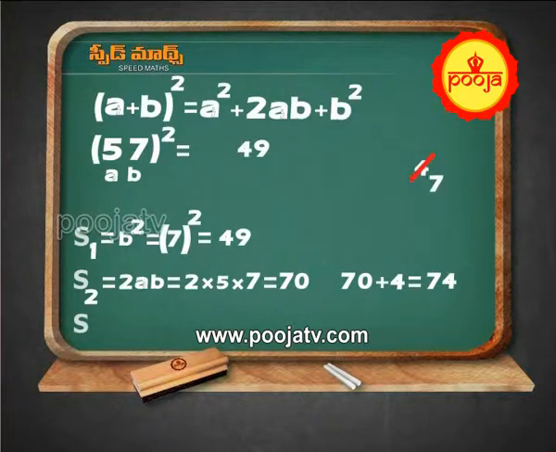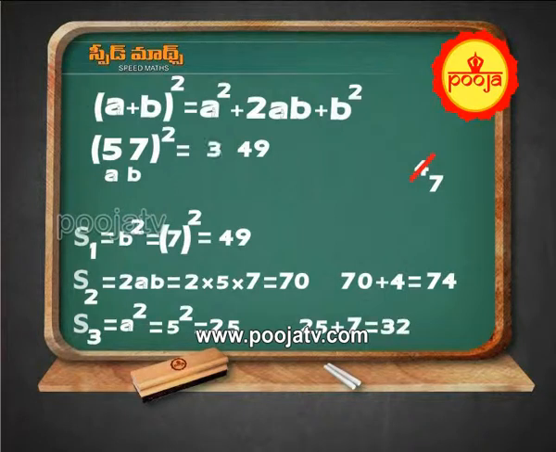Step 3: A square equals 5 square equals 25. 25 plus 7 equals 32. Write it as 32. And what is outside? 7. So the answer is 3249. I think it is clear.